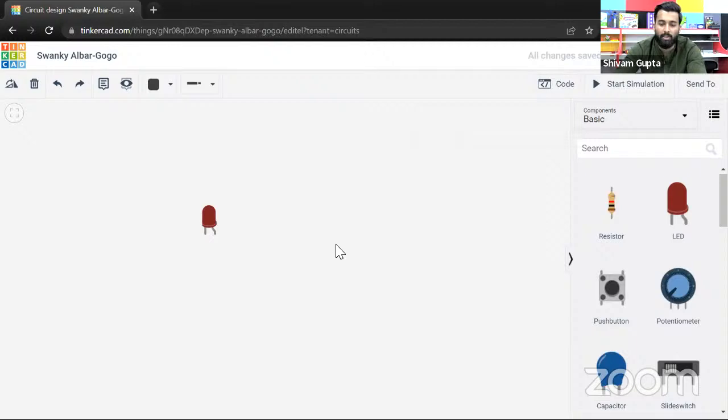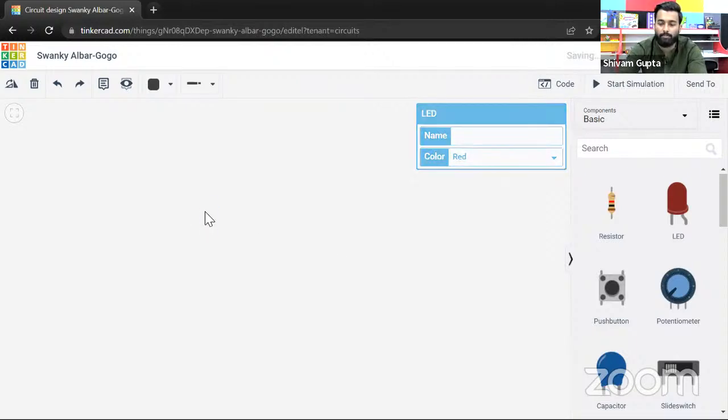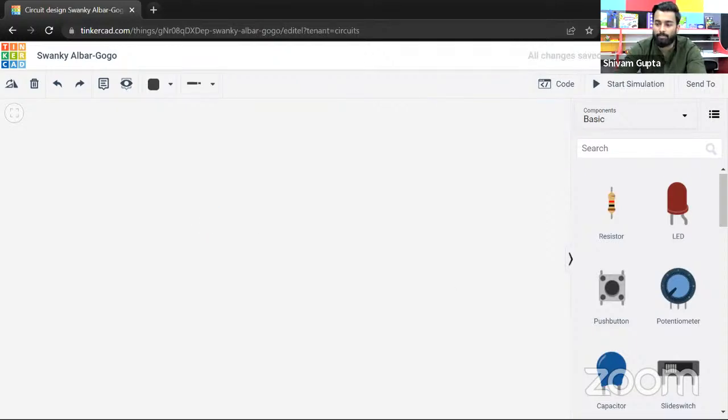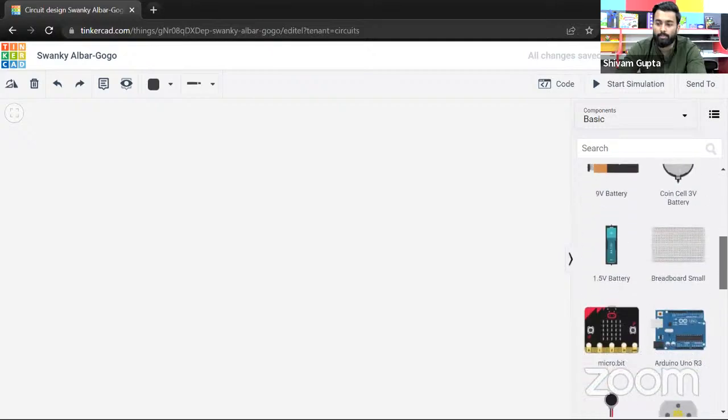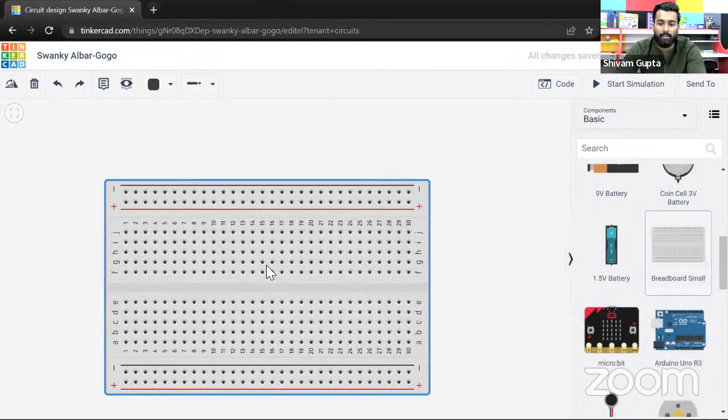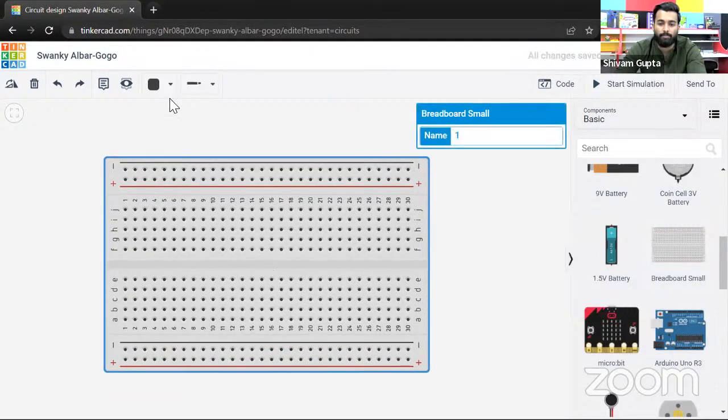So let me first remove all these things. Okay, so here we have a breadboard. We will just take it here like this.